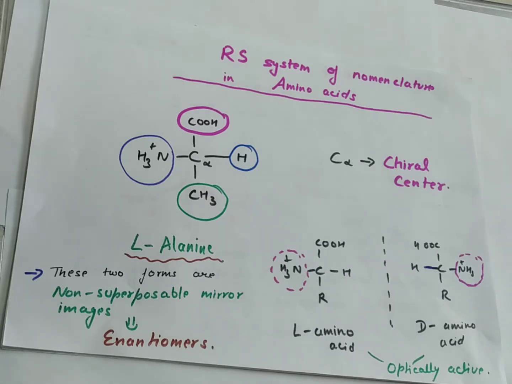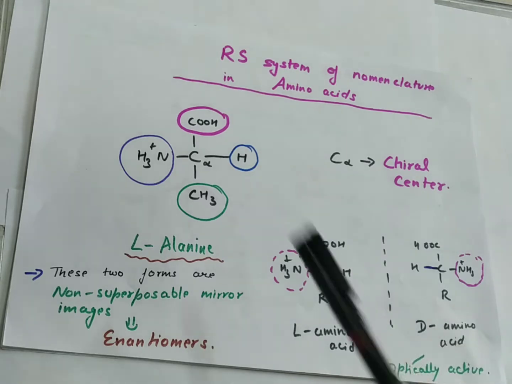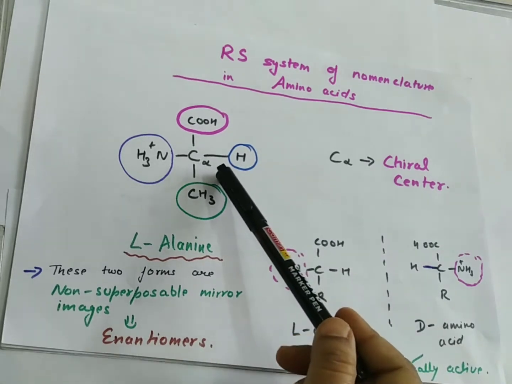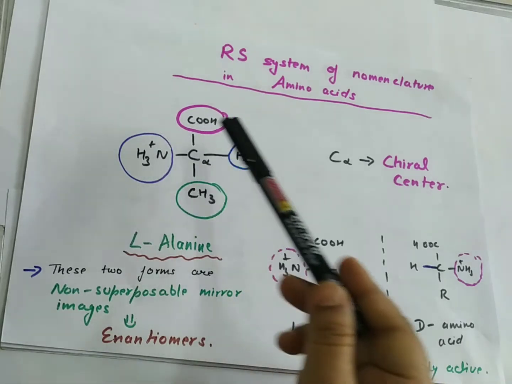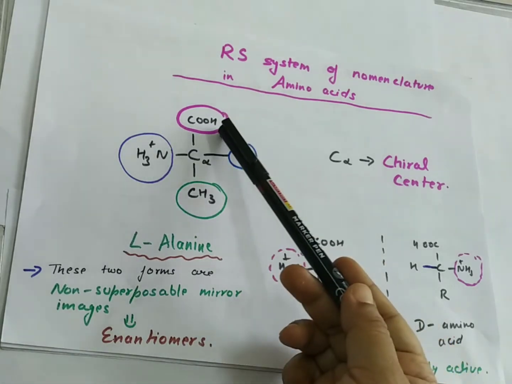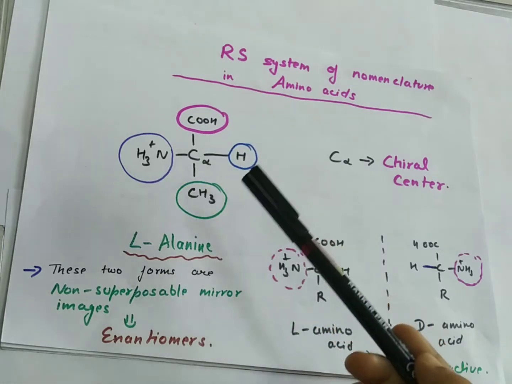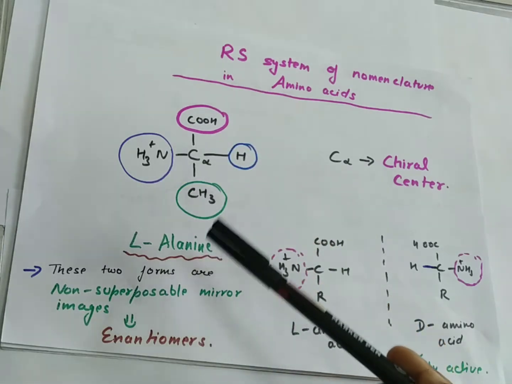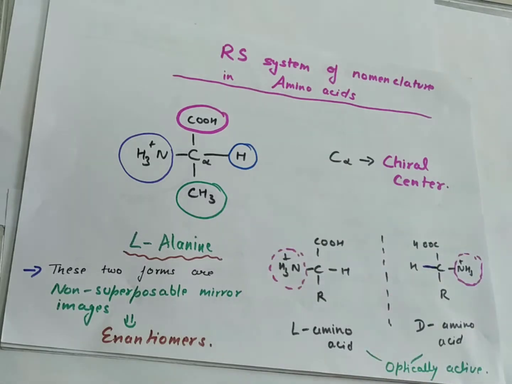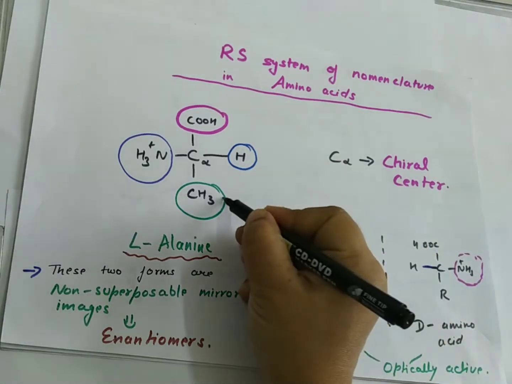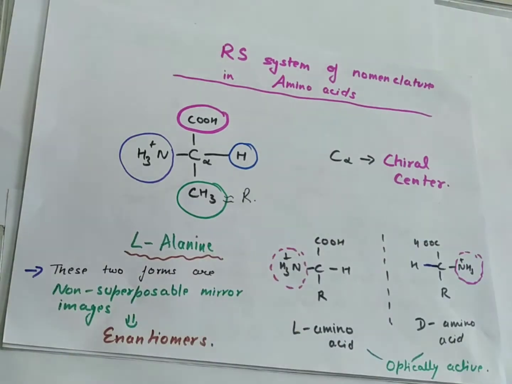We all know that all 20 basic amino acids are alpha amino acids, in which C alpha is attached to 4 different groups: a carboxyl group, an amino group, a hydrogen, and, since it's an example of L-alanine, the R group, which is CH3.